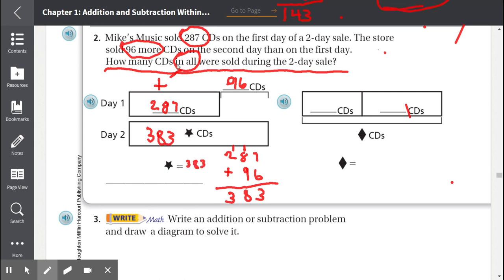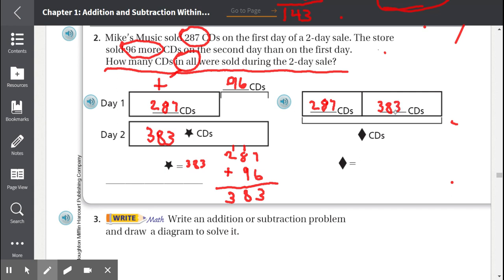Now they asked us to find how many CDs in all. So we're going to have to add day 1's total and day 2. So let's begin adding day 1 and 2. On the first day, 287 CDs were sold. And on the second day, it was 383 CDs.